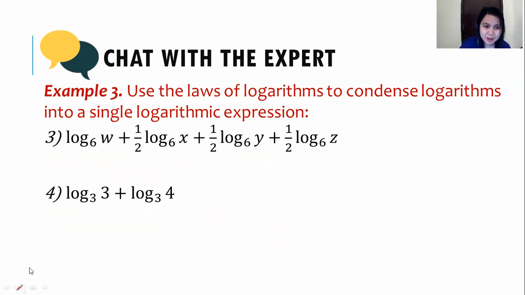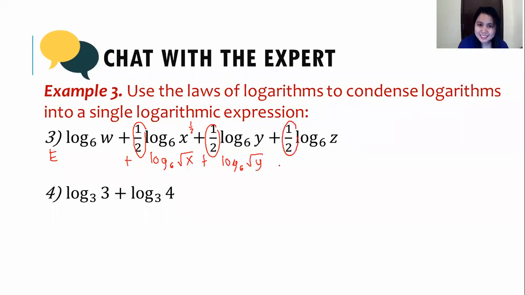Okay, for the next one, we start with the exponent first. Here, that is log 6. X to the 1/2 is the same as square root of x. Next, this one, log 6 square root of y.